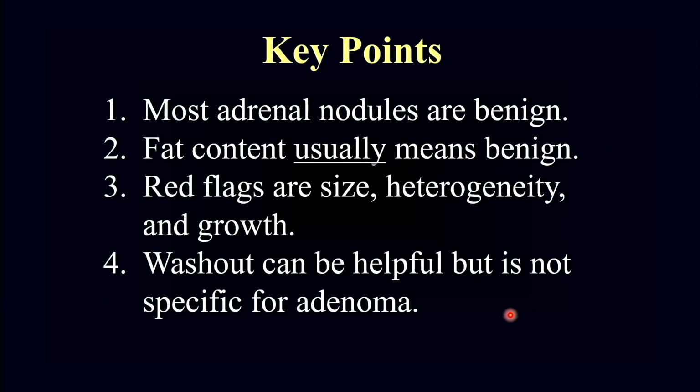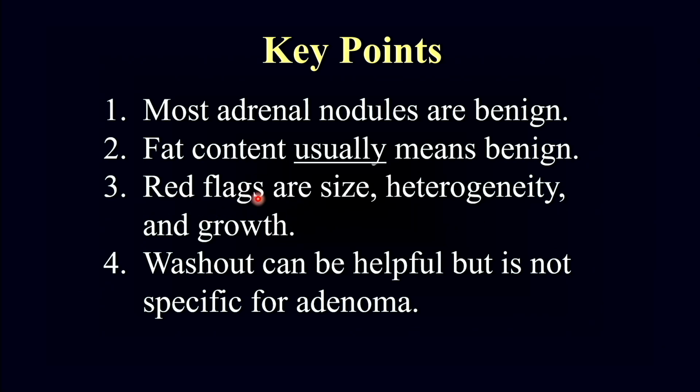So I want to make 4 key points for this lecture. The first thing is that most adrenal nodules are benign. And fat content in an adrenal nodule usually, but does not always mean it's benign. Washout characteristics usually, but does not always mean it's an adenoma. And the things you really want to look out for are the size, the heterogeneity, and rate of growth.